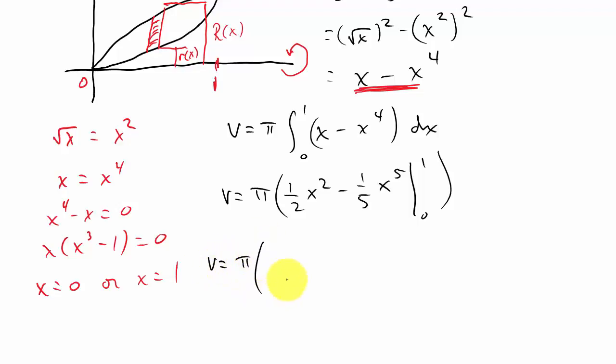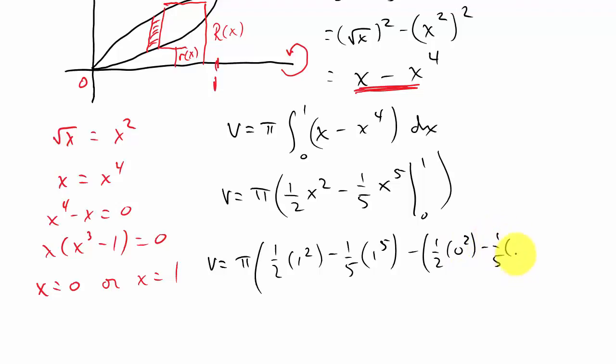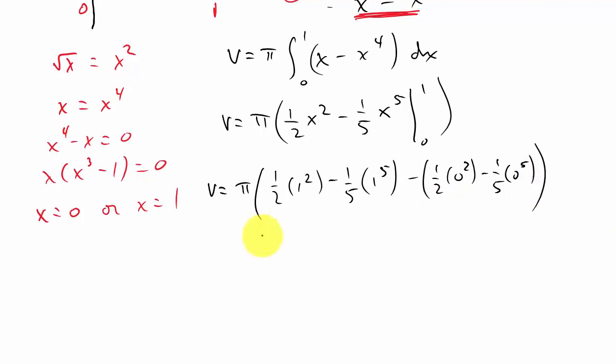That's pi times 1/2 times 1 squared minus 1/5 times 1 to the fifth, minus 1/2 times 0 squared minus 1/5 times 0 to the fifth. You can plug it into a calculator or evaluate it by hand. That gives us 3 pi over 10.